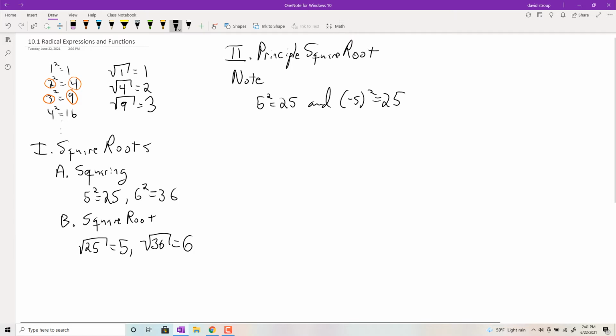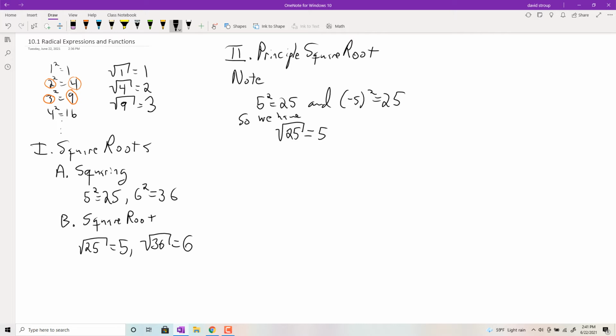So when you look at the square root of 25, is this actually going to be 5, like I've noted over here? Or, what we just found out is, it could also be negative 5. I don't really know which one it is. There's two potential outputs for this answer. And so what we'll do is just say, okay, let's just take the positive one and sweep the other guy under the rug. And we'll call it the principal square root.